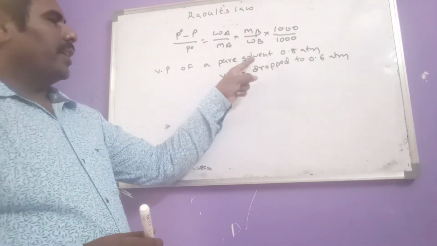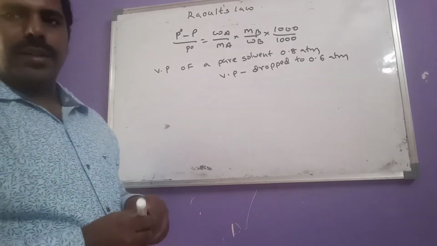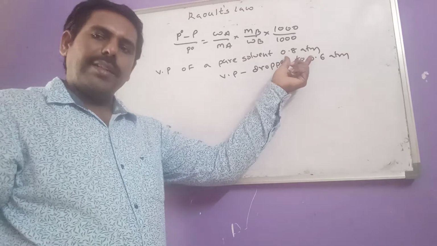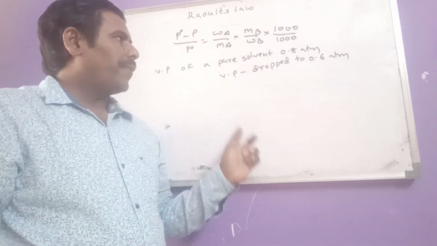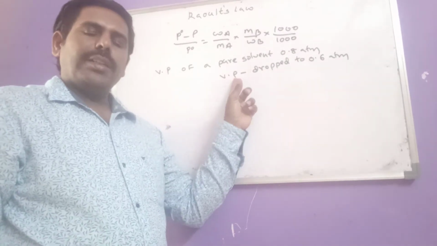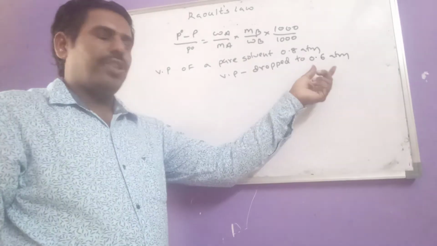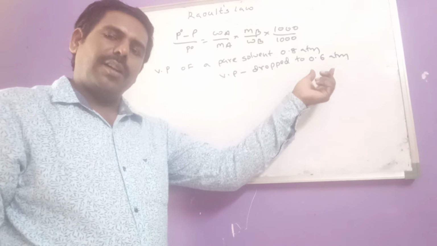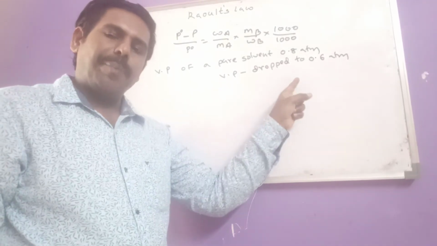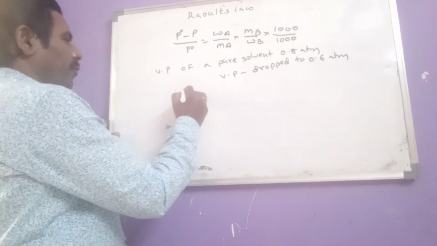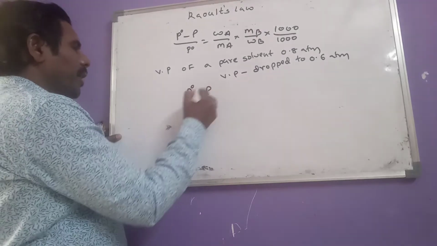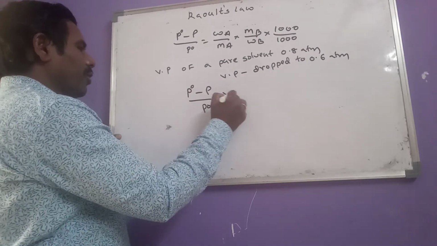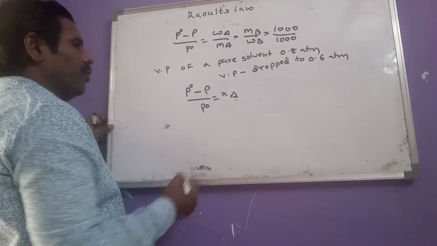So this is the pure solvent vapor pressure. So let us consider that as P naught. And after adding a solute, the vapor pressure dropped to 0.6. So this should become the vapor pressure of a solution, that means P value. Now the formula is (P naught minus P) by P naught equals mole fraction of solute.